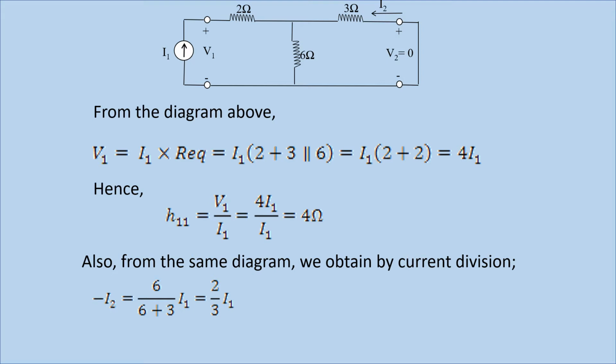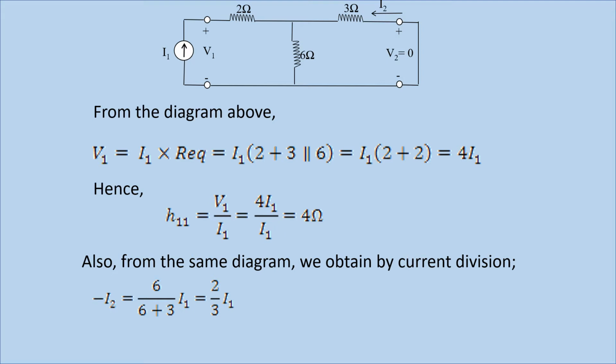Now going by Ohm's law, which is V equals IR, your V1 equals I1 multiplied by your equivalent resistor. Note certain things: the only current source you have is I1, and I1 is the one producing I2.